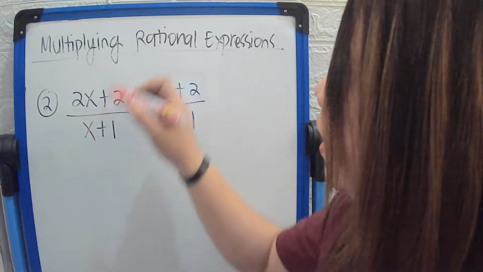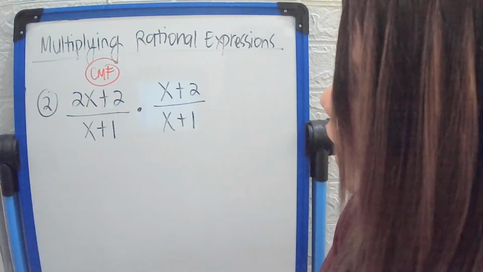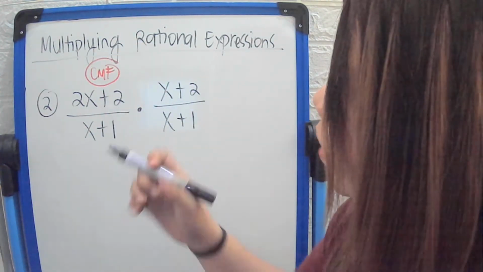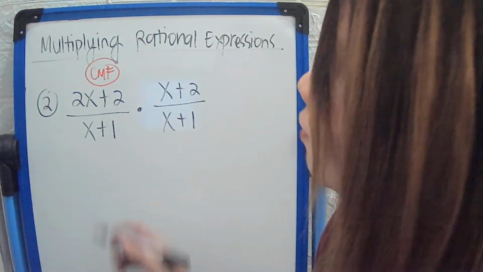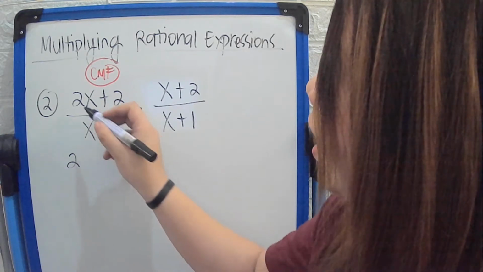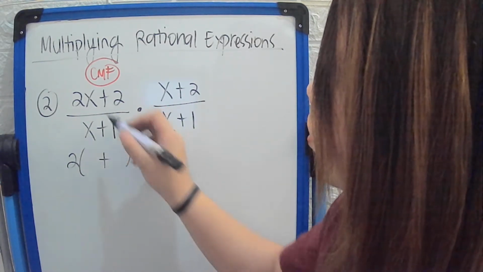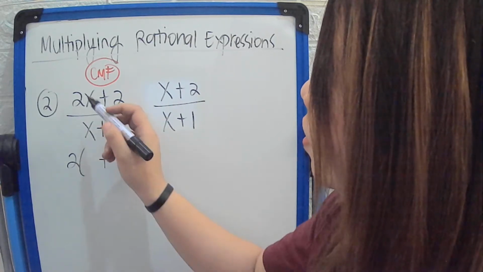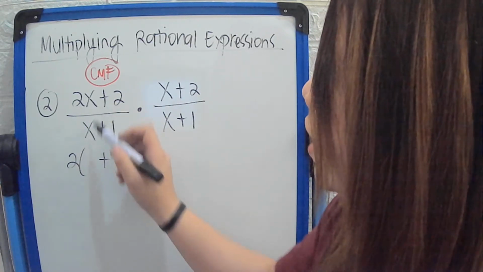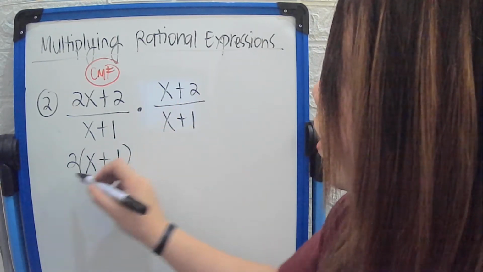So applying CMF. Why am I applying CMF? Because I can see a common factor between 2x and 2. The common factor between the two is 2, because I can divide 2x by 2 and 2 by 2. Dividing each term by their GCF, 2 will be cancelled out, so x is left. 2 divided by 2 will be 1.